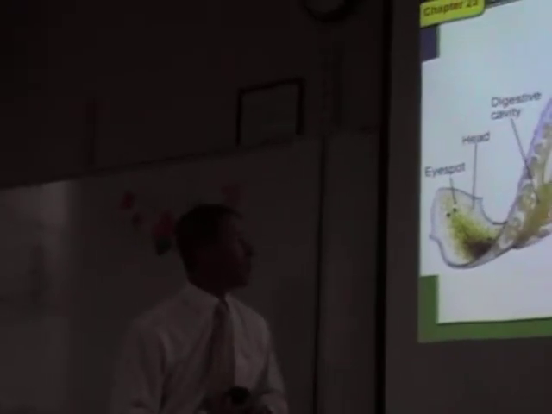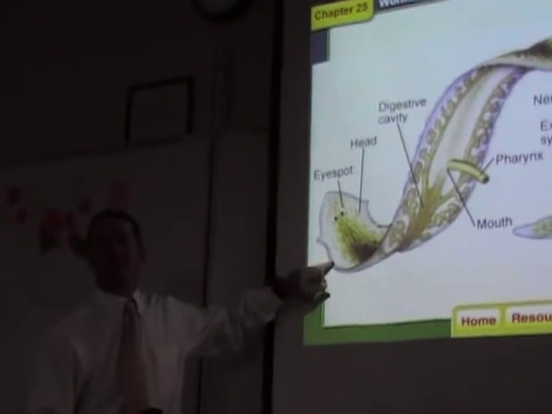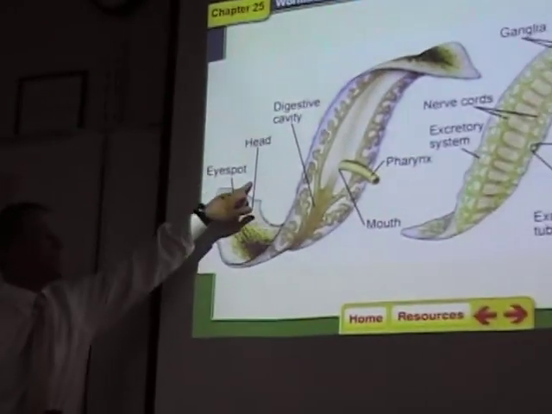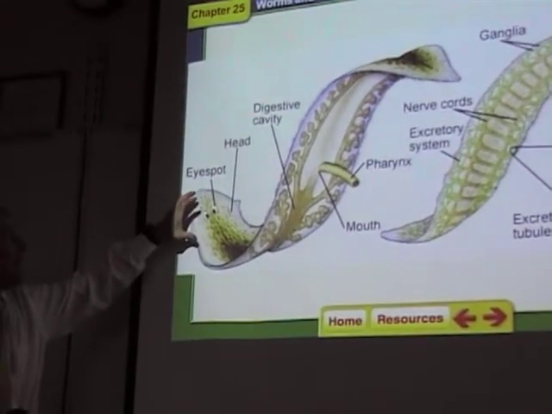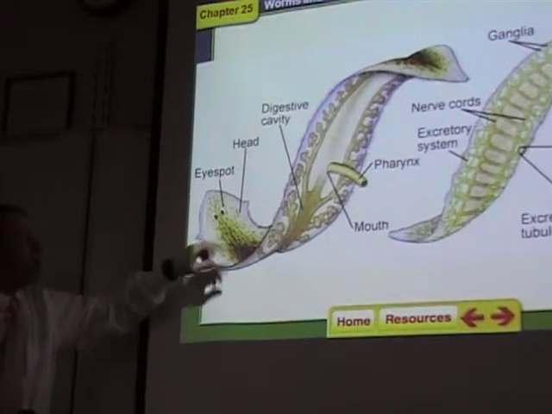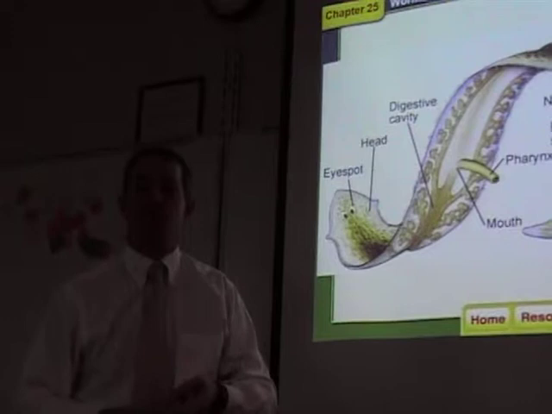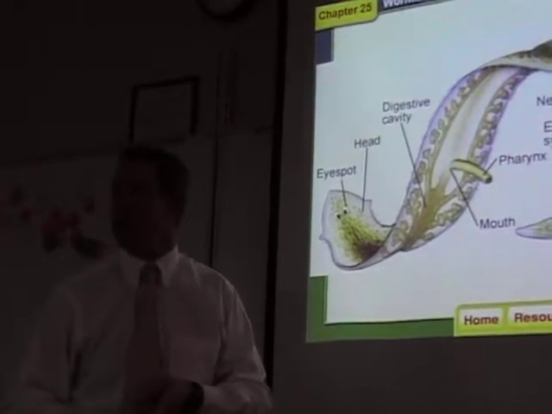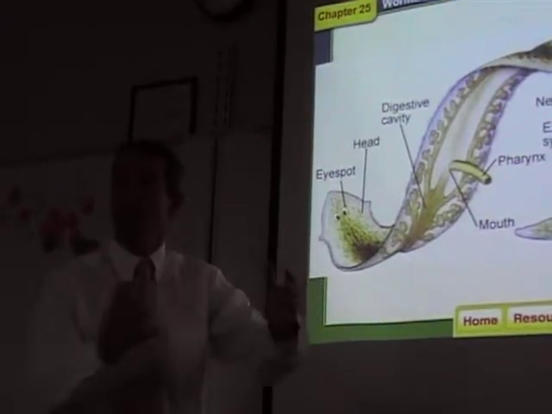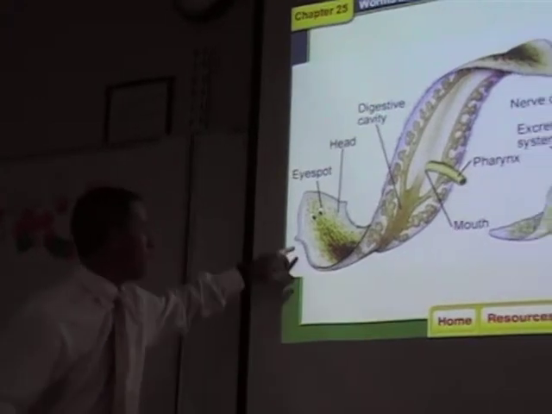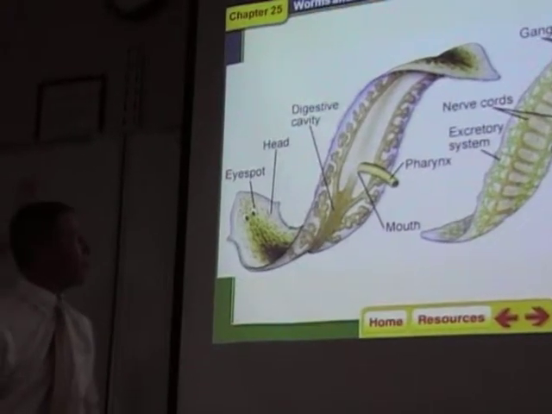For instance, it's got what we call cephalization. Cephalization means it has a head, having a head region. We didn't see heads in sponges or in jellyfish. A head is a kind of a new invention of life. And so they have one.